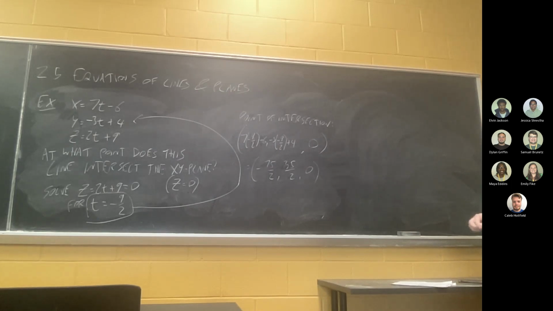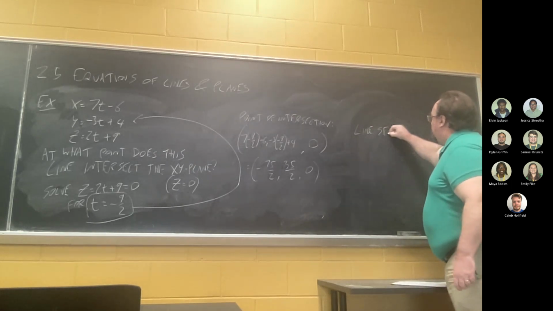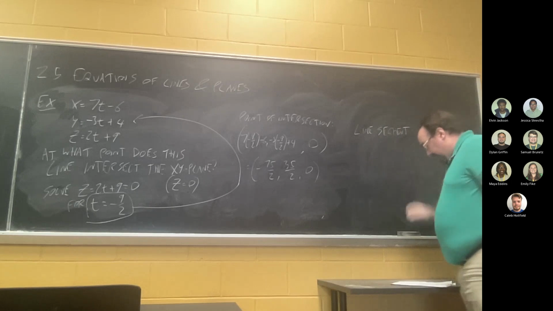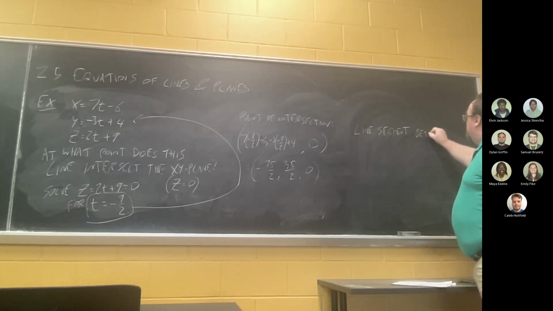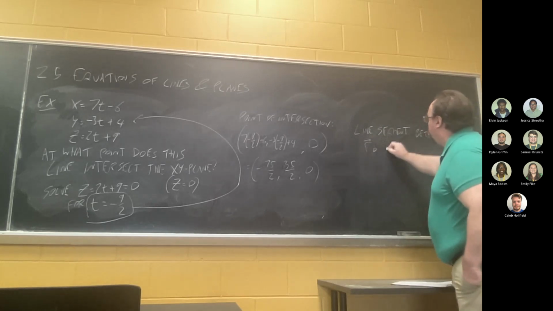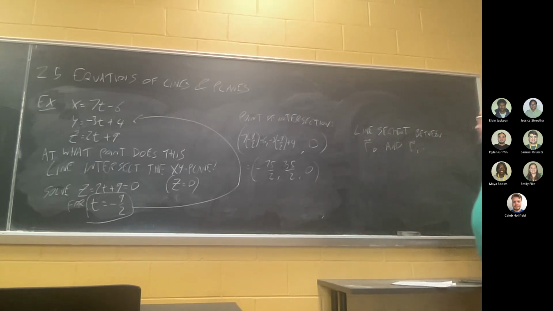Now, the vector equation can also be used to describe a line segment rather than a line. The only difference is for a line, the parameter t can be any real number. For a line segment, t is limited. So suppose your initial point is R0, and you have some terminal point R1.